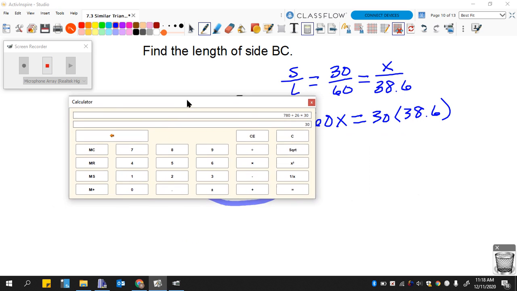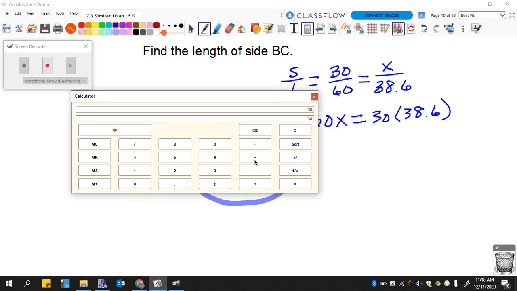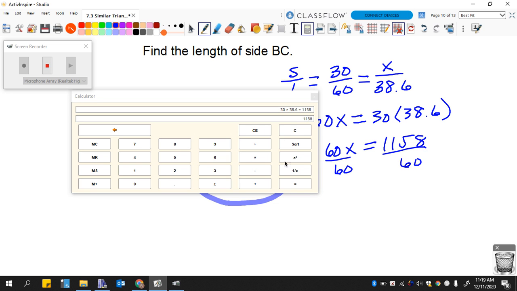So 30 times 38.6 is equal to 1,158. And we know that that's 60x. So we're going to divide by 60, which gives us 19.3.